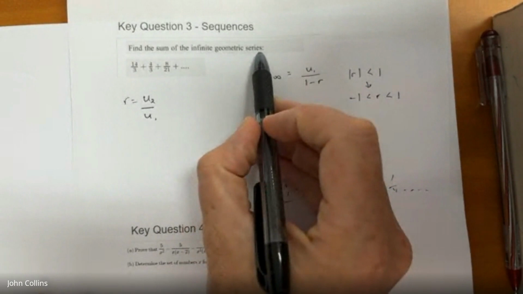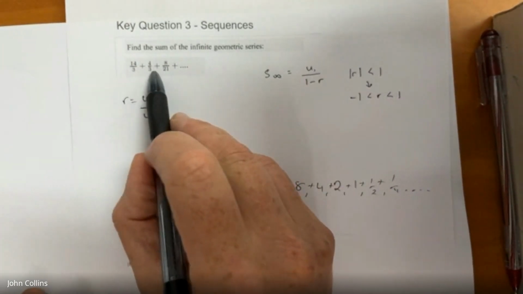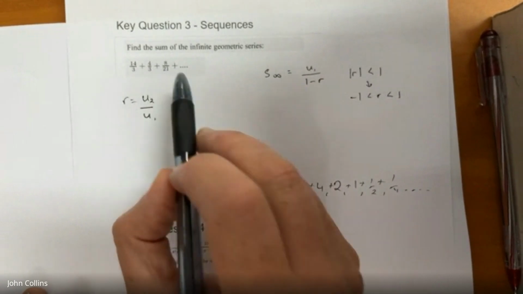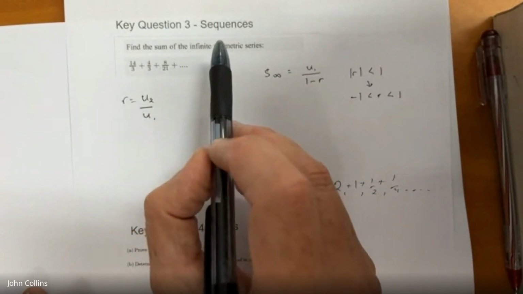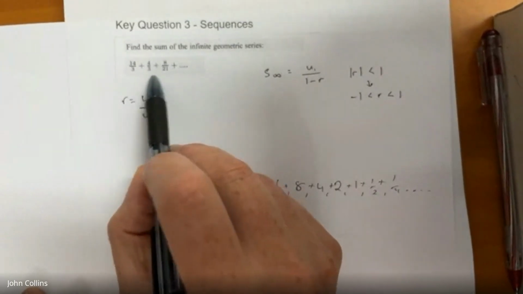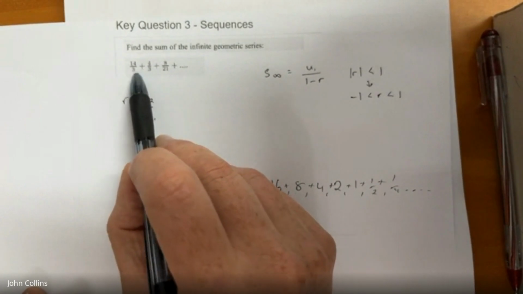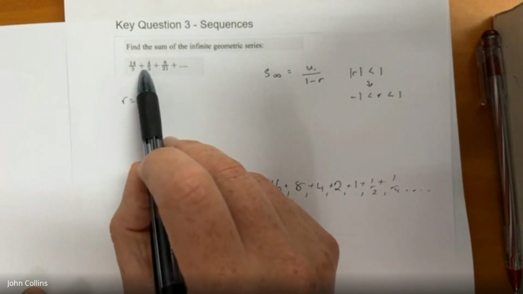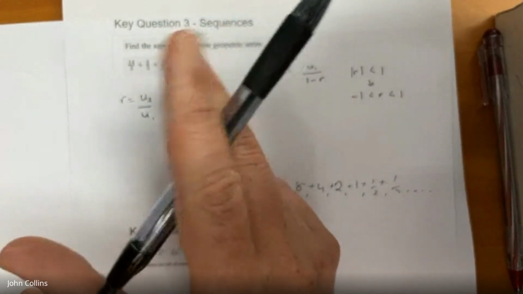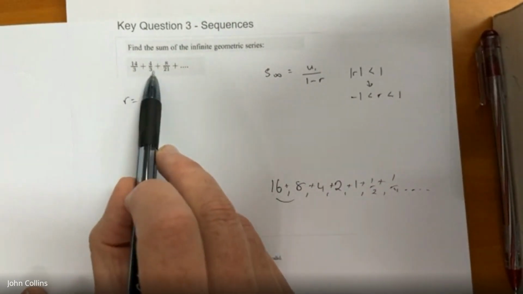A series is when we add a sequence in general, and that can be arithmetic or geometric. But in a geometric series, the individual terms are linked by a multiplication. In an arithmetic one, the individual terms are linked by an addition or subtraction. So you're adding up all the terms.